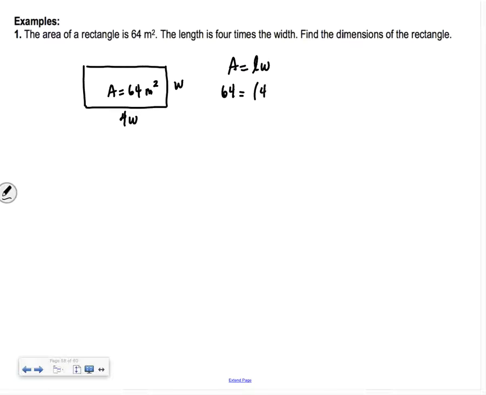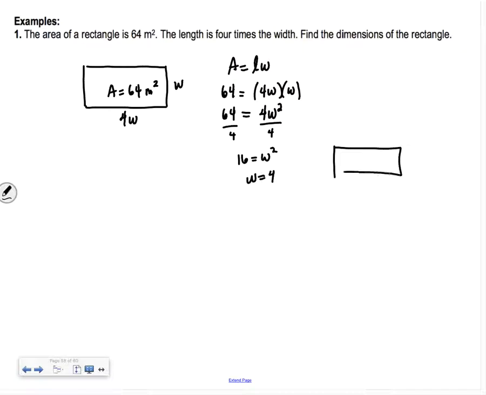The length was 4W, and our width was W. So when I multiply those, I get 4W squared equals 64. I divide by 4. I get 16 equals W squared. And I take the square root, so I get W is equal to 4. So that means that this rectangle is 4, and then 4 times that is 16.